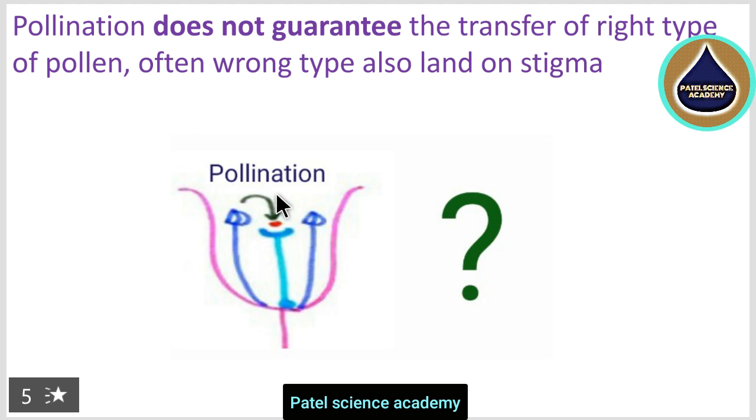Some unwanted or wrong type of pollen grain can also be carried by pollination onto the stigma. So pollination is not always successful because it may also carry the wrong type of pollen grains. So it goes for the pollen-pistil interaction first, which is a very specific process.